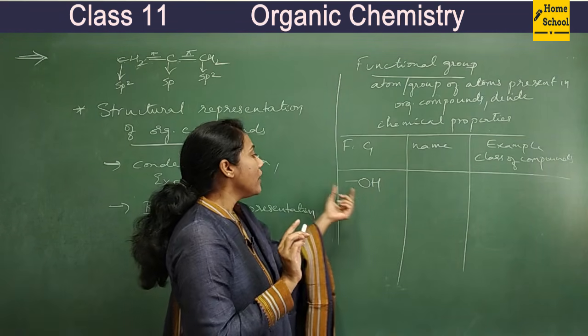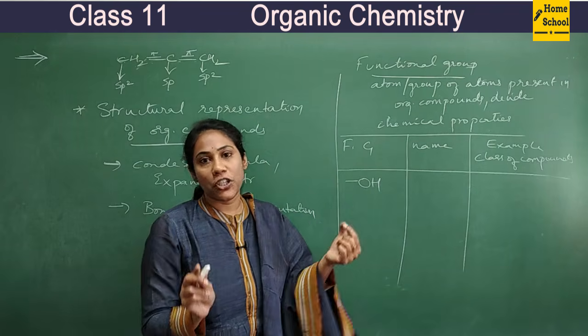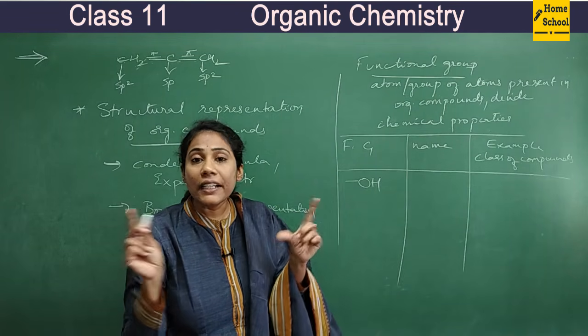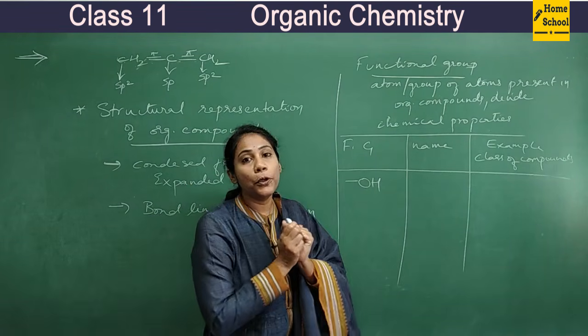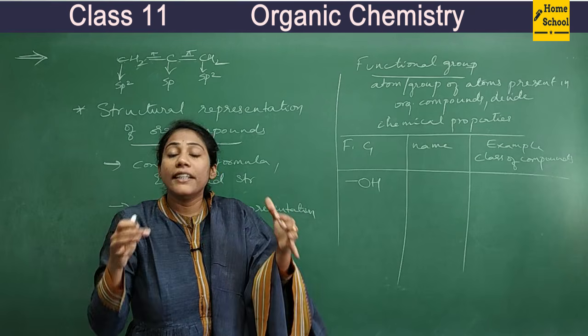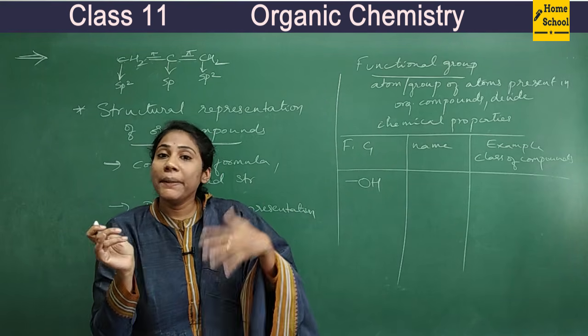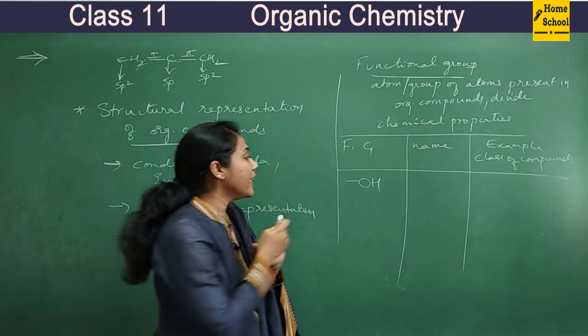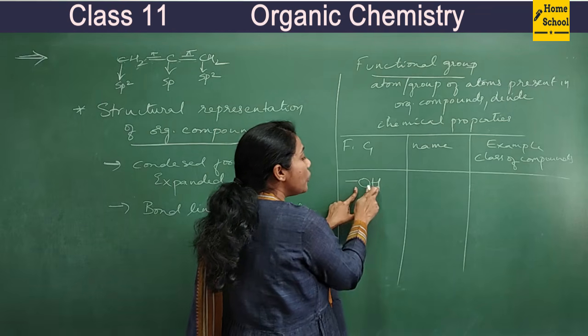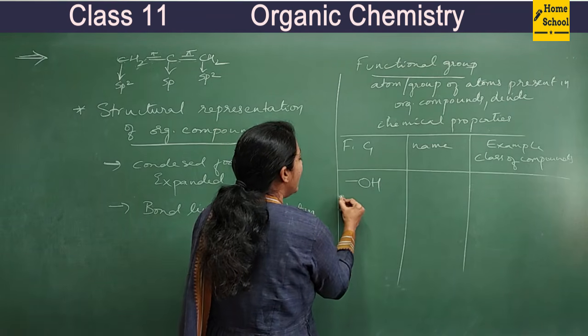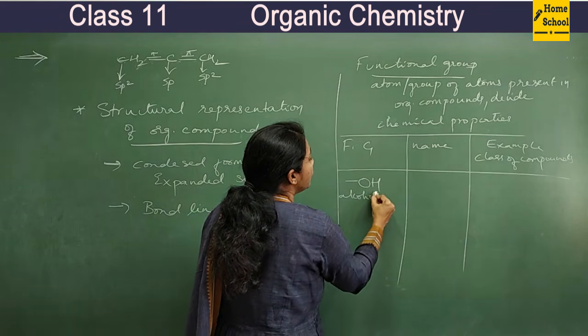OH is one of the special groups. If any organic compound has this group, then it will show different chemical properties. They behave in a different way. So usually this OH group is called the alcoholic group.